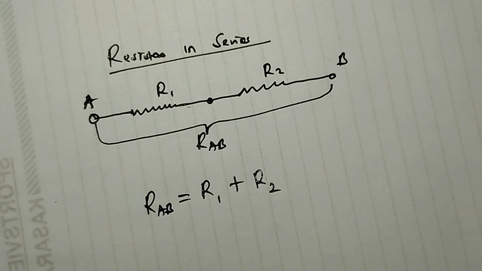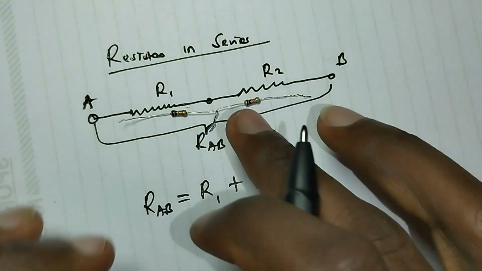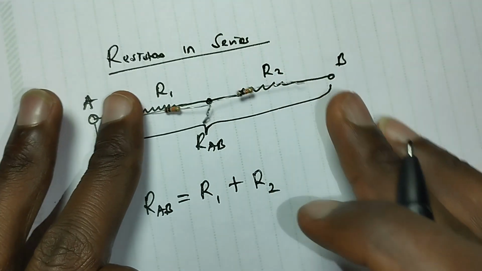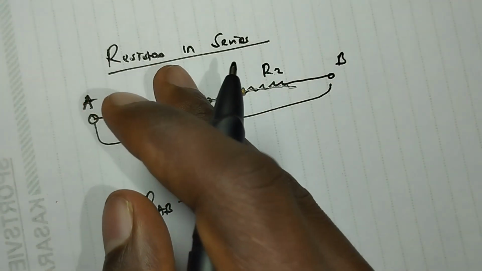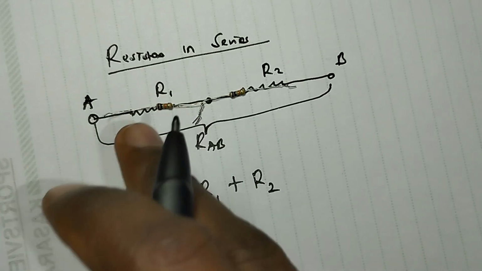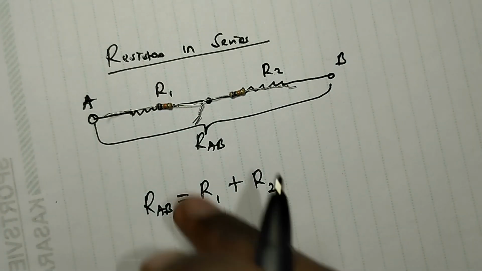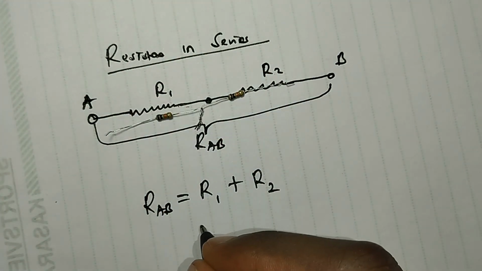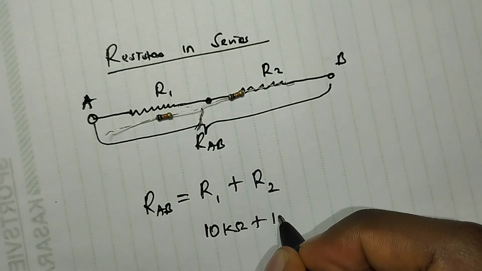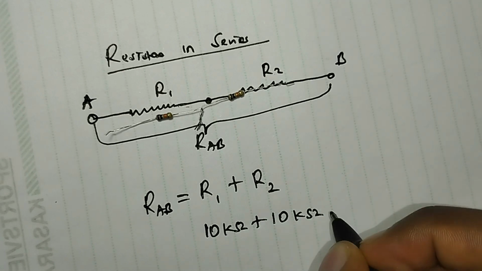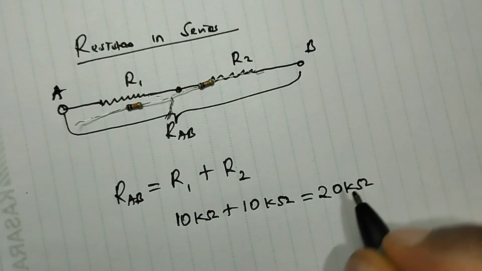will be equal to R1 plus R2. As simple as that. If we take our two resistors connected like this, you can tell they are in series. The first one is 10 kilo ohms, the second is 10 kilo ohms. Remember, in our last example I used the units as ohms, but you remember to change that, because our resistors are in kilo ohms. So R1 is 10 kilo ohms, you add R2, which is 10 kilo ohms, and your effective total resistance is 20 kilo ohms.